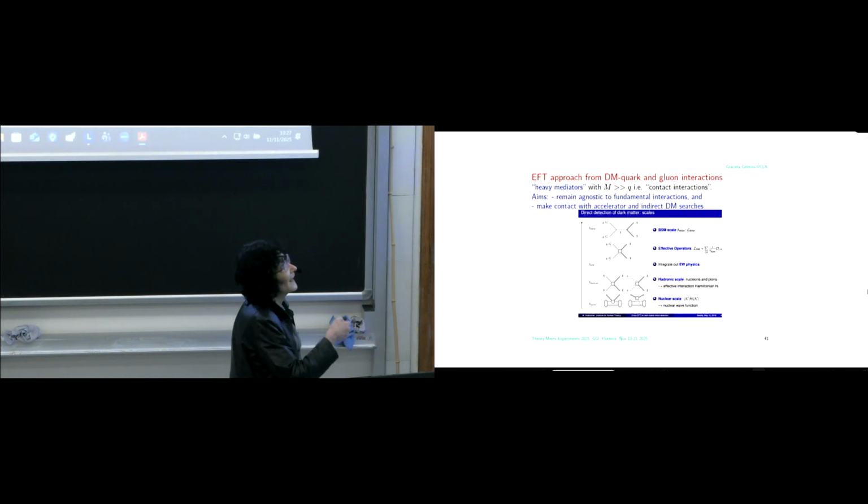So you remain agnostic about fundamental interactions once you are computing your detector response. And also you make contact with accelerator and indirect dark matter searches, which also use effective couplings. So if you want to do that, then you have to start with fundamental interactions and go through this tower. Now, here in the last tower is where chiral symmetry comes in.